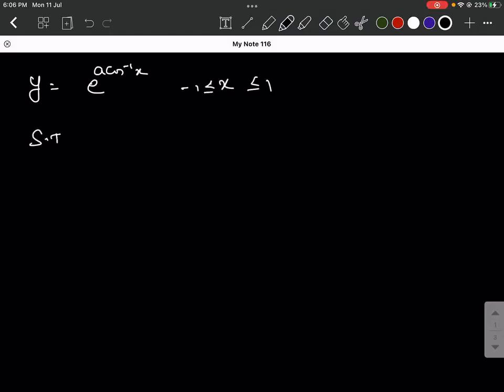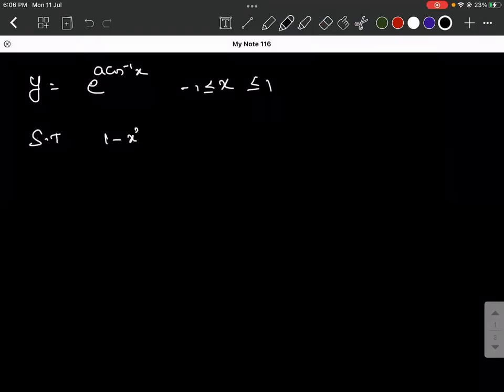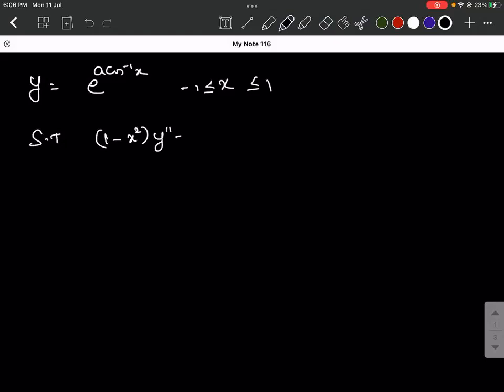Show that (1 minus x square) into the double derivative, minus x into the single derivative, minus a square y is 0. How to do this problem?